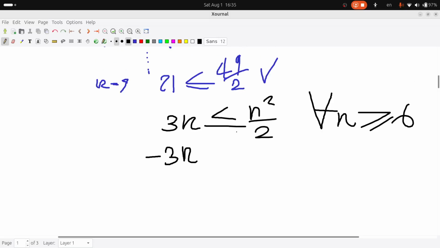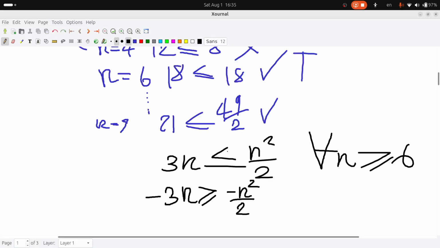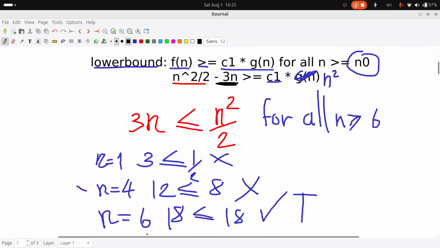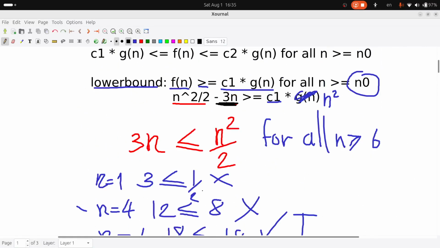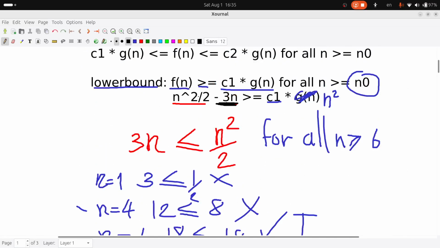And when we multiply or divide an inequality by a negative number, the sign flips. So greater than or equal becomes less than or equal, and it will be negative of n squared divided by 2. We got this expression that is similar to this one, right? Negative 3n and negative 3n. That is the same.